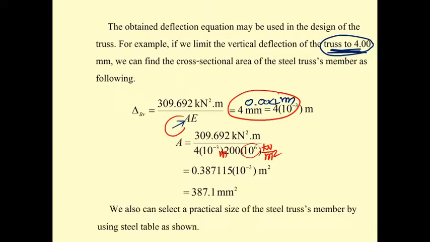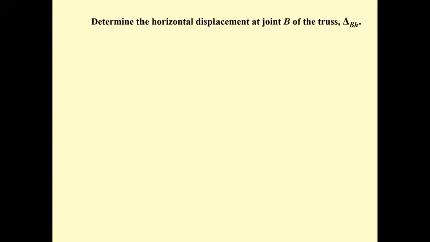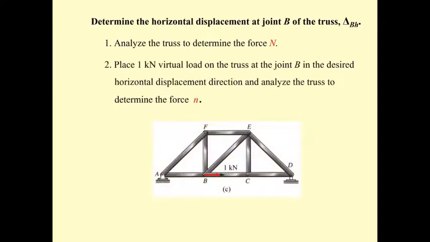And you also can select the size of the truss by using the truss table. Okay, this time you get this. Sorry, some is in Thai, I have not changed it. Now for horizontal displacement at joint B, you do the analysis of capital N as before, due to the axial force.